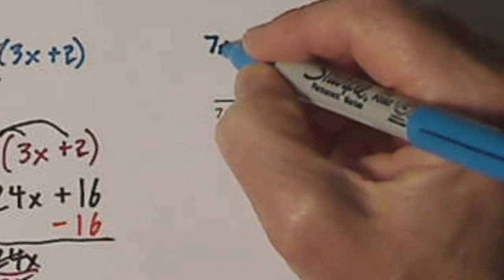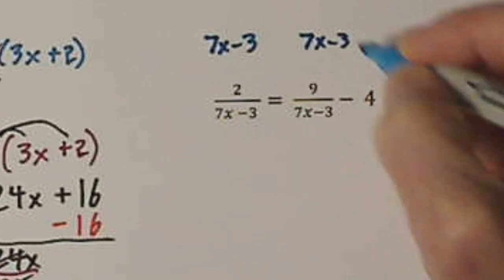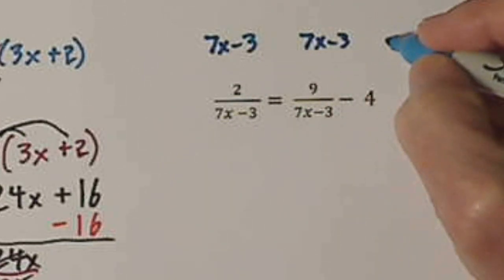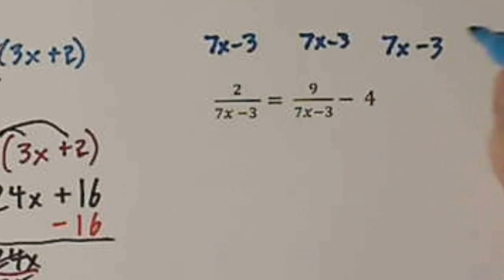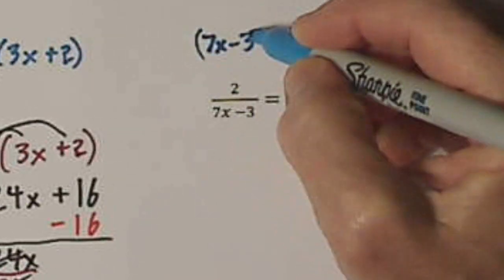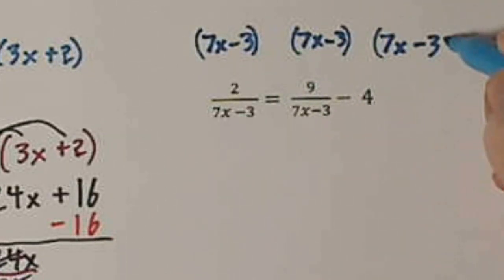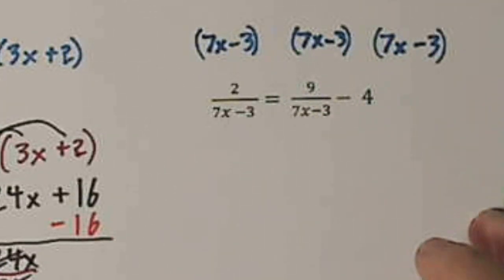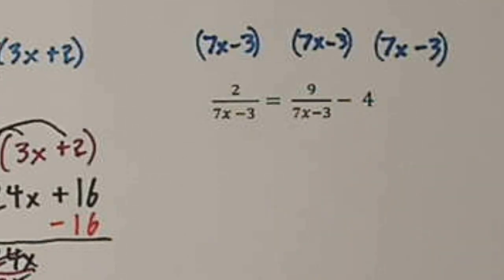So here's 7x minus 3, 7x minus 3, and over top of this negative 4 there's 7x minus 3. Technically these are in parentheses. They're grouped together. It's not going to matter really until we get over here to this 4.